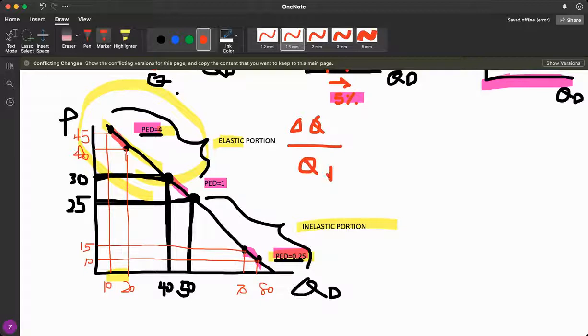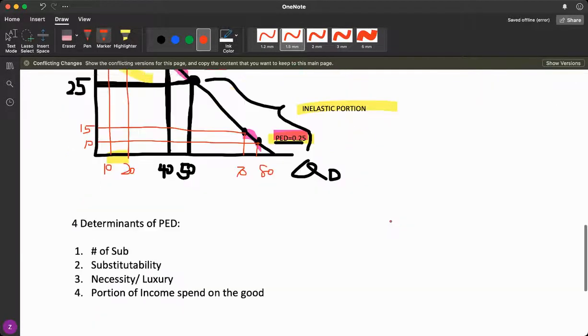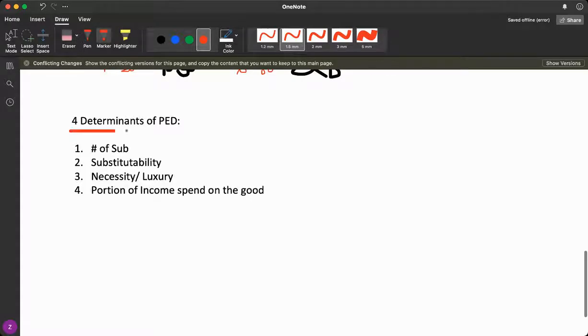Okay, so now for the major determinants of PED values. Are you ready? The first one is the number of substitutes: the higher the number, the higher the PED value. Secondly, the substitutability: the higher the substitutability, the higher the PED value.